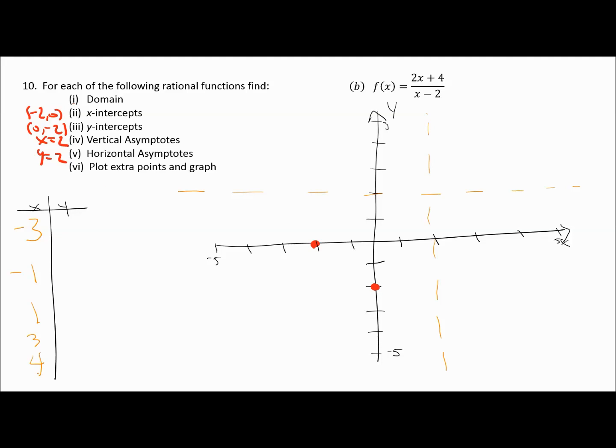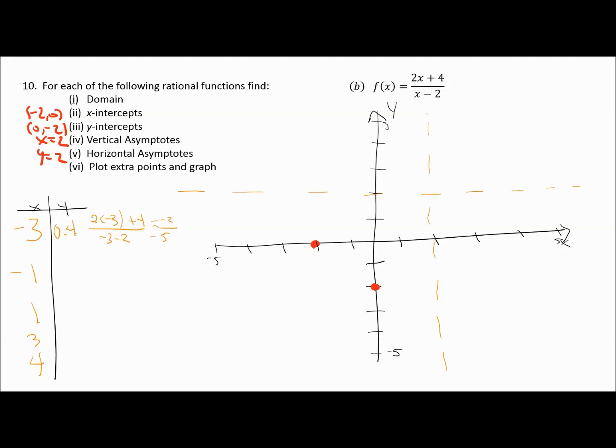So if I plug -3 into my function, that's going to be 2 times -3 plus 4, divided by -3 minus 2. In the numerator, I have -6 plus 4, which is -2, divided by -5. That's a positive 2/5 because those negatives cancel each other out, which in decimal form is 0.4.